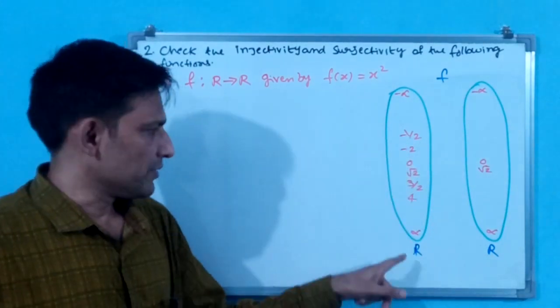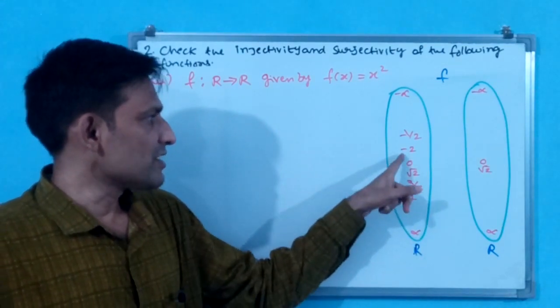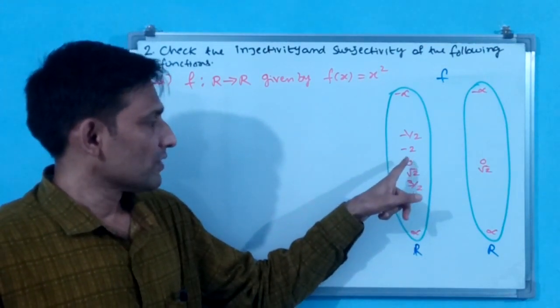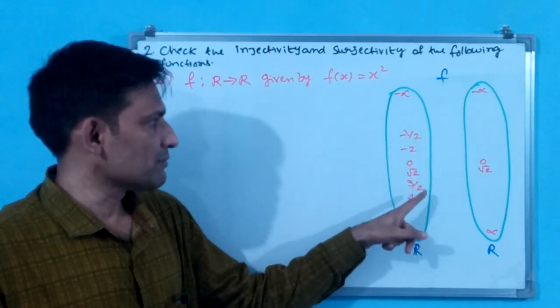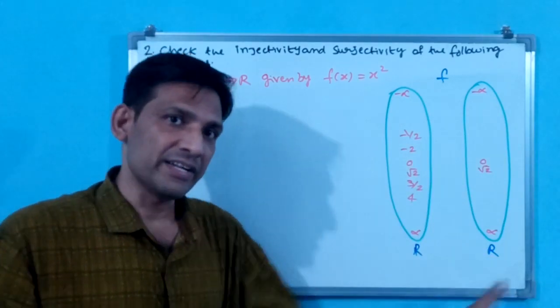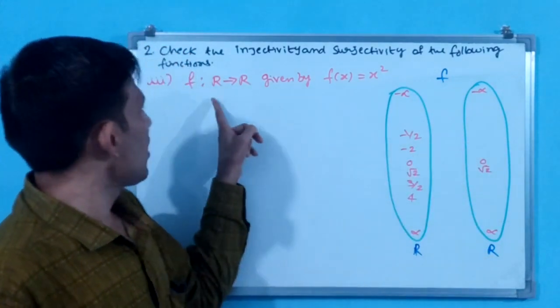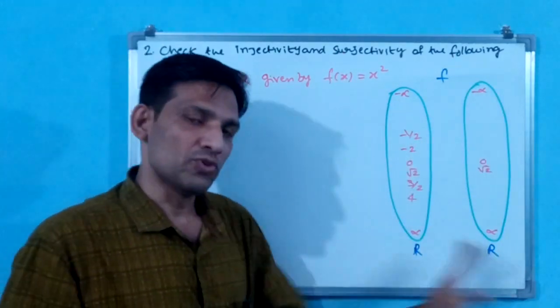So real numbers means natural number 4, whole number 0, integer minus 2, rational number minus 1 by 2 or 3 by 2, irrational number root 2. Like that, all will be there in real number. See, whether this function is applicable or not, we have to take all numbers in these two sets.